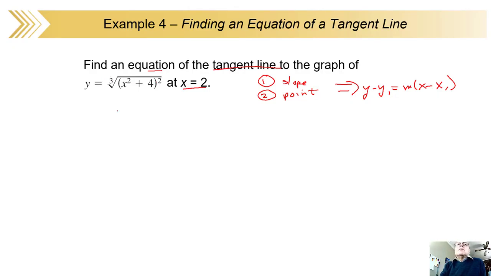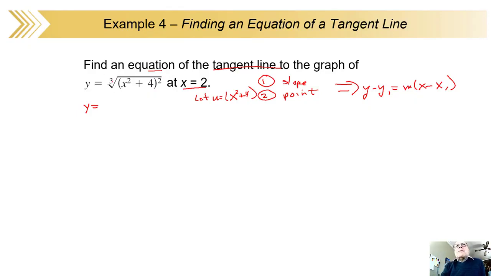And so first, let's get things a little bit simpler. Let u be the part that's inside. x squared plus 4 is the part that's inside.